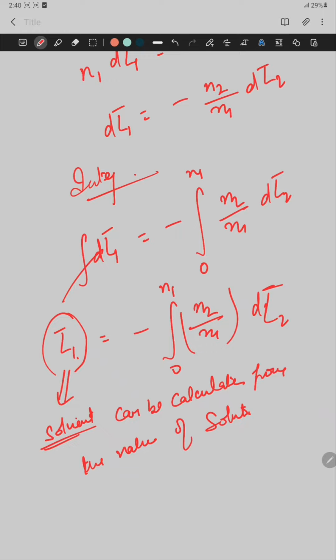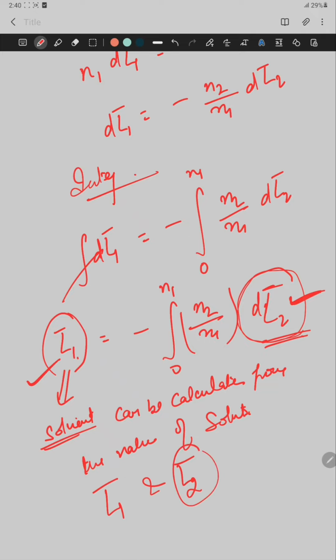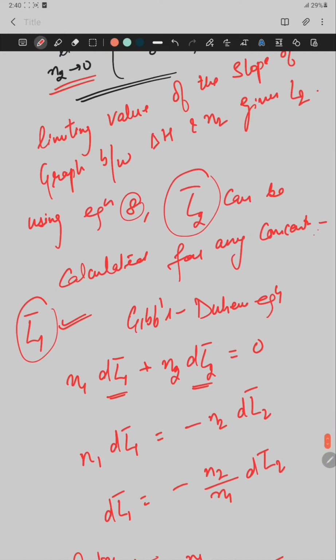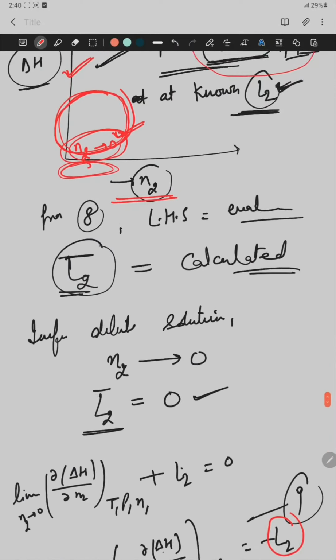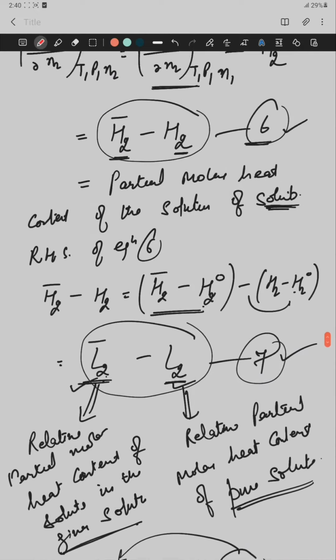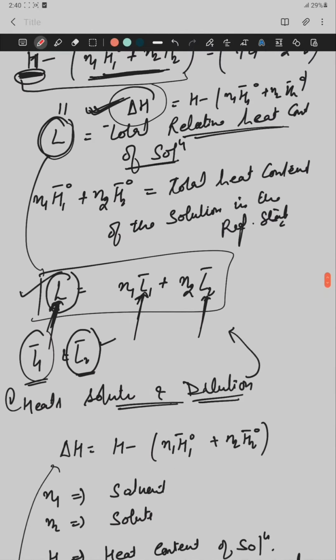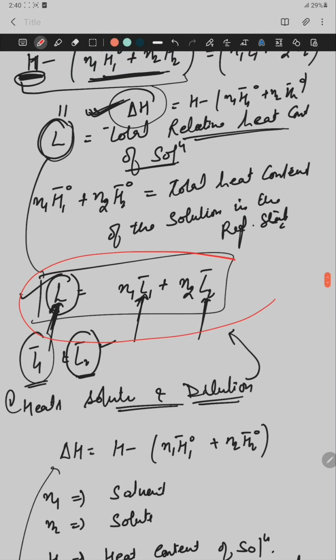Solute is L2 bar, so L1 bar can be calculated using the relative partial molar heat contents of the solute. So in this way we can calculate L1 bar and L2 bar of the different solvents and solutes, and by using this equation, you can calculate the total relative heat content of the solution.